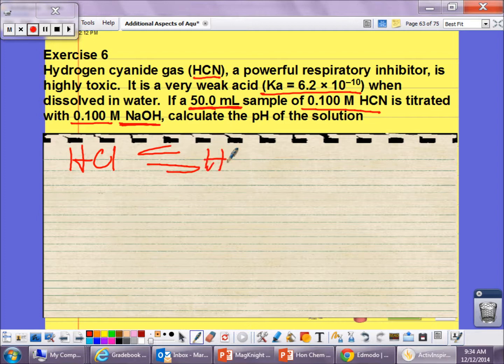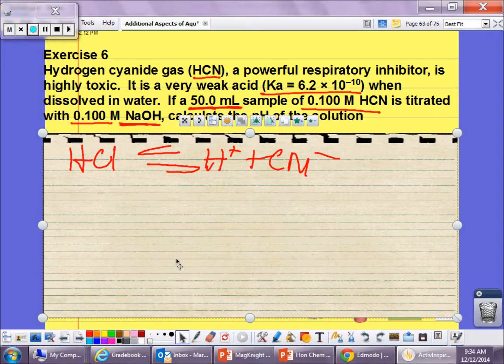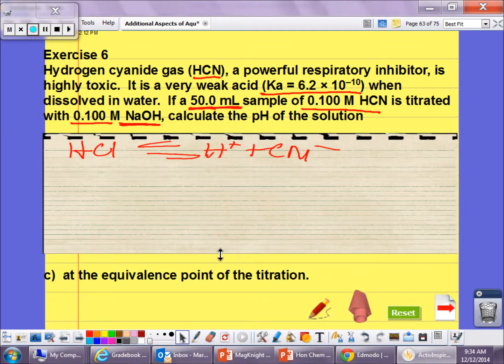HCN gives H plus and CN minus. I need to do an ICE table before any base had been added. So you need to know what type of problem to use at every step. Now, I'm not doing this one, but I need you to understand it is an ICE table.